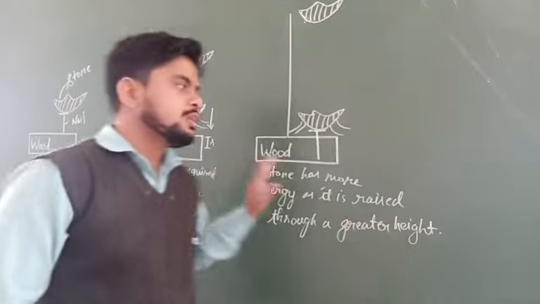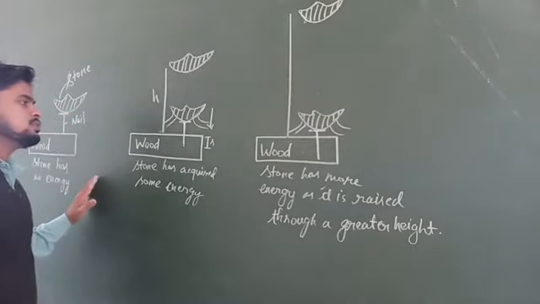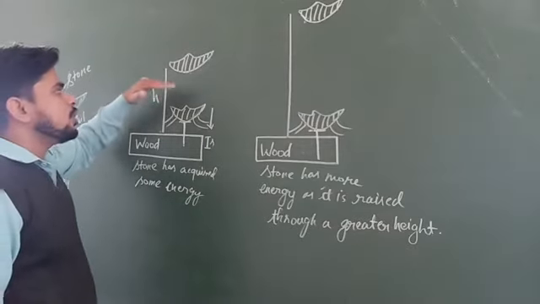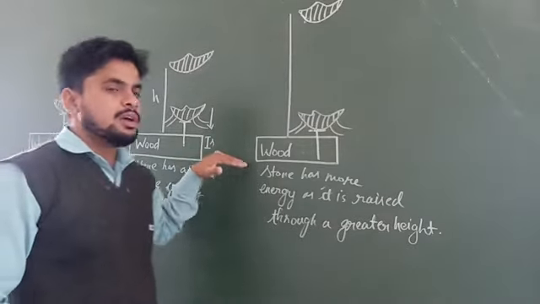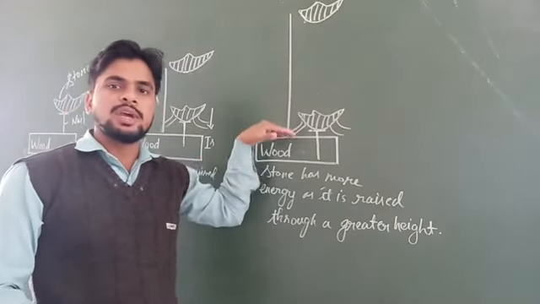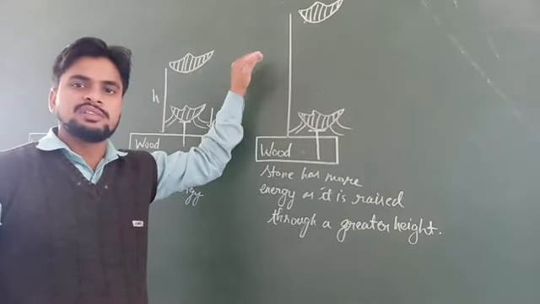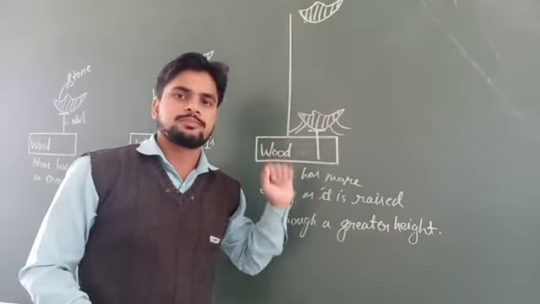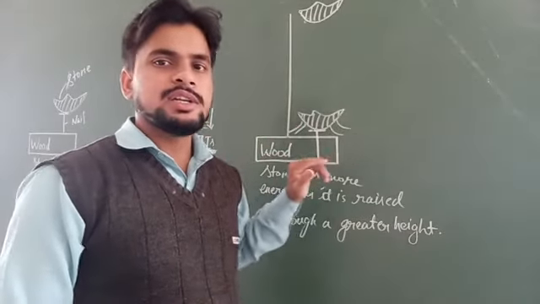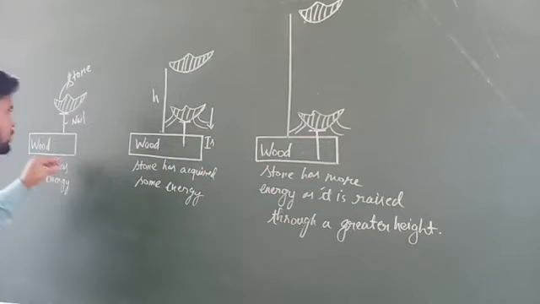So with the help of this example, we observe that when an object is raised from the ground level through a certain height, it acquires some energy. But why does it acquire some energy? Let us understand.